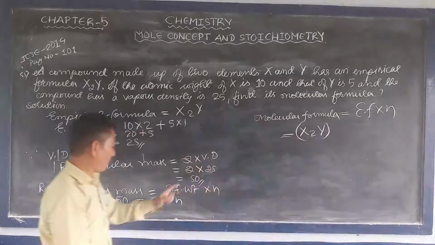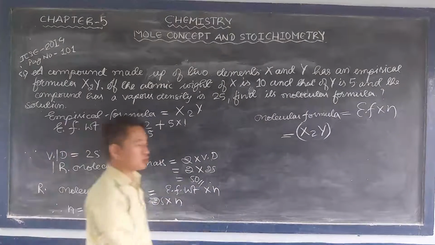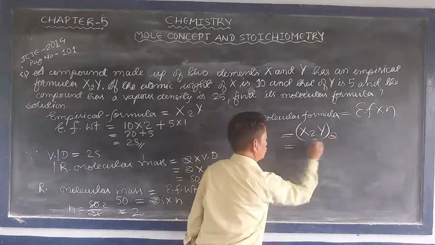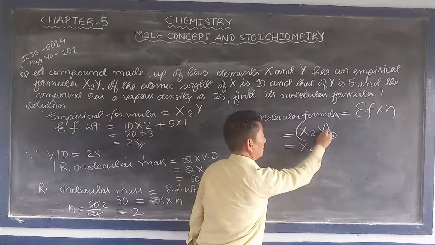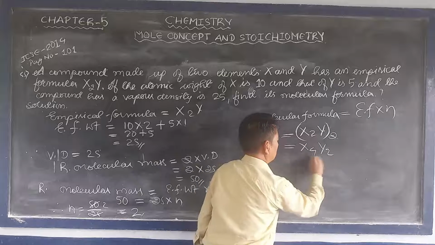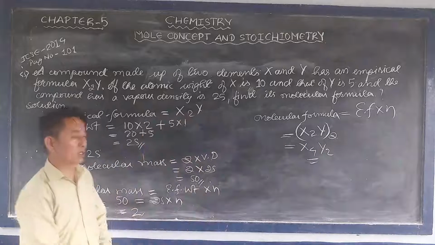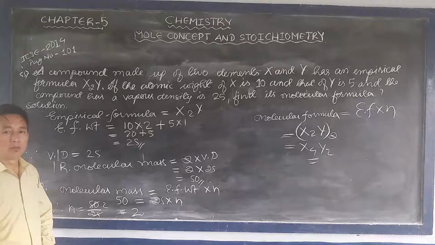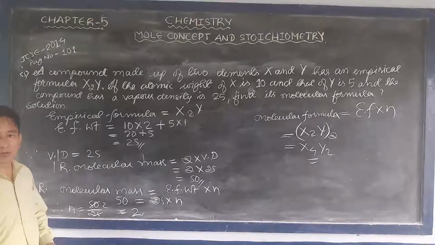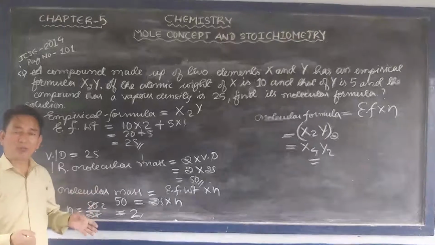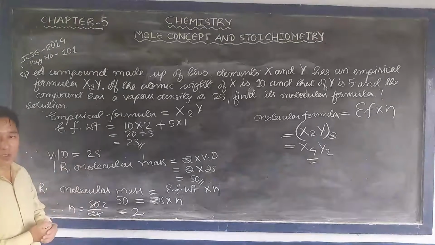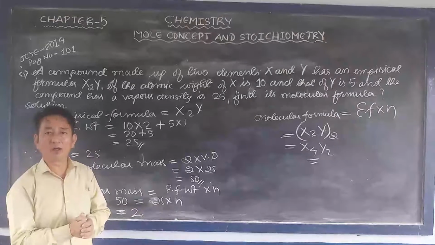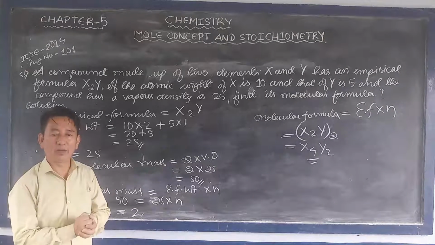What is the value of n? The value of n is 2. So multiply: 2 twos are 4, X4, and Y2. The molecular formula of the compound is X4Y2. This is how we can find the empirical formula and molecular formula of the compound from the percentage composition of the elements or masses of the elements.